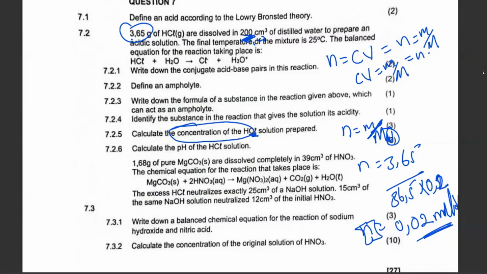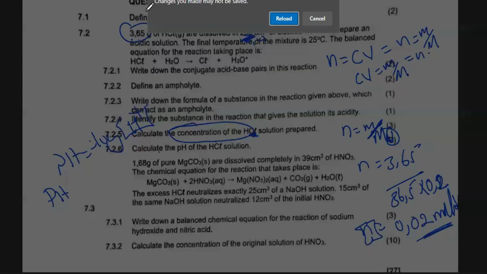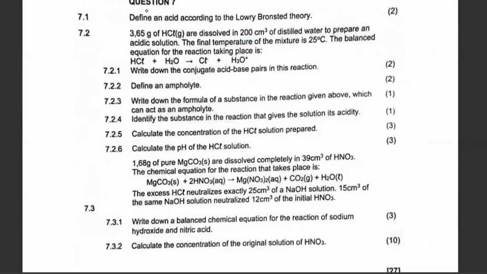Calculate pH of HCl. Remember, pH is equal to negative log of hydronium ion concentration, and I have the concentration already.